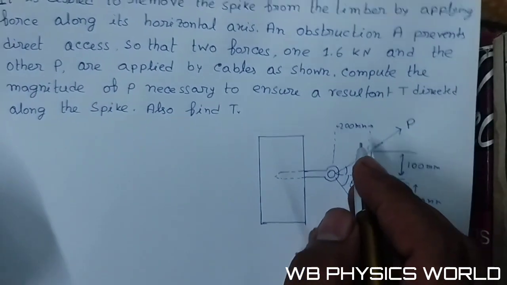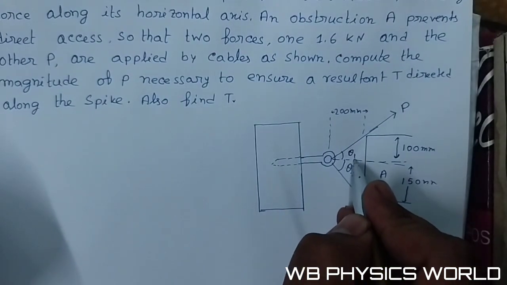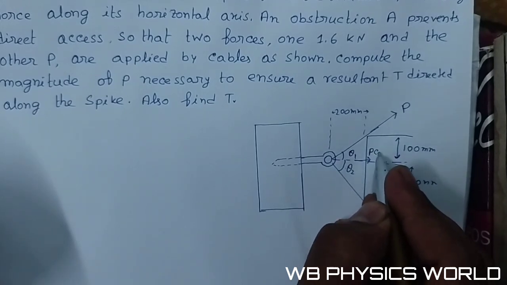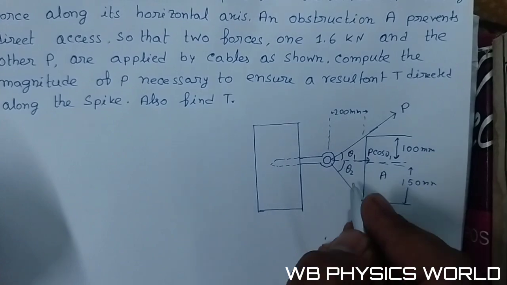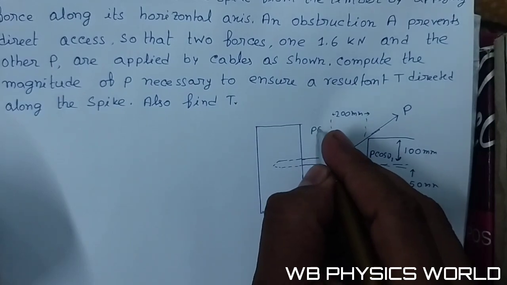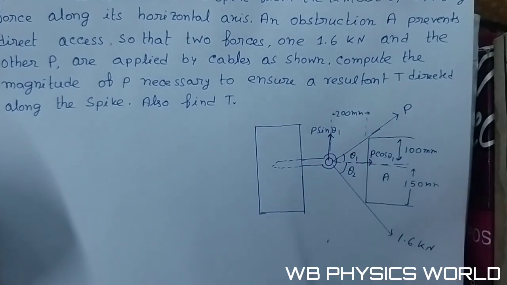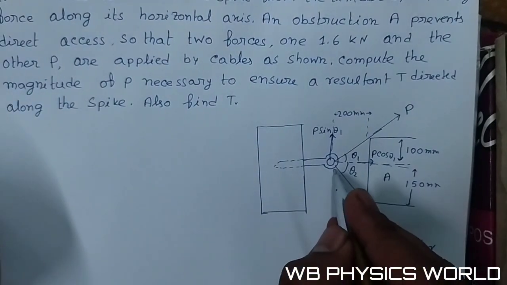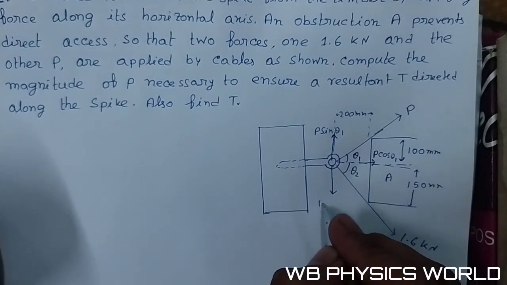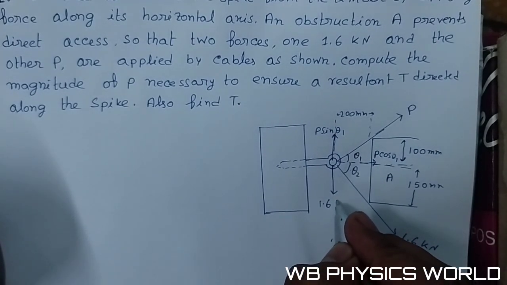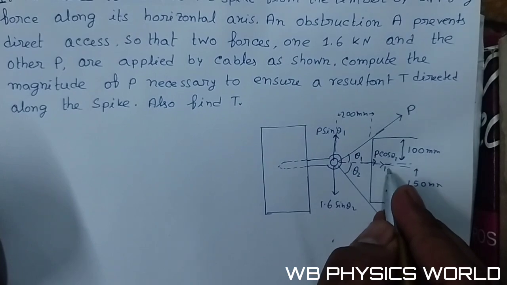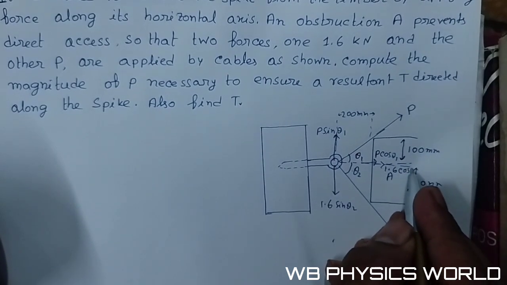So the component of P along the horizontal direction is P cos theta 1, and for the perpendicular direction this is P sin theta 1, and for 1.6 kilonewton the component along the perpendicular direction is 1.6 sin theta 2, and along the horizontal direction is 1.6 cos theta 2.